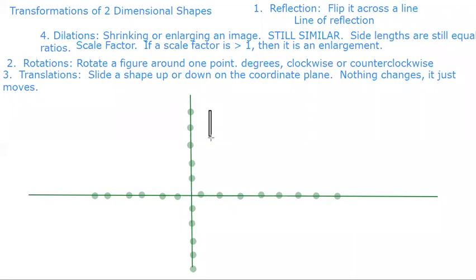Let's say our original figure is there. So our original figure is 3 by 3. And then we're going to have two other figures.